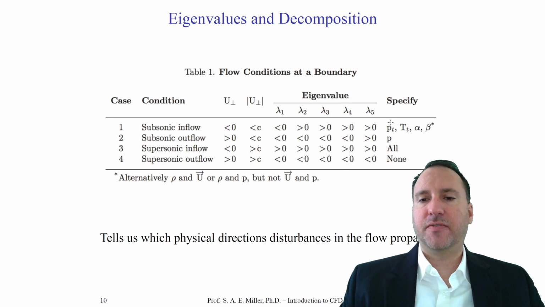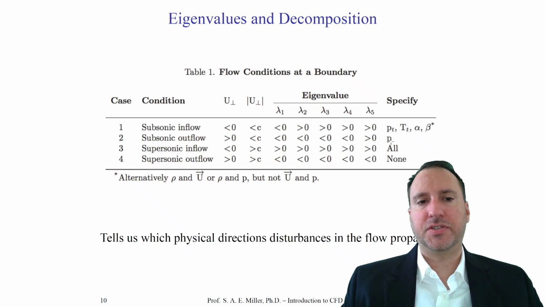Here we might specify the total pressure, total temperature, and their particular angles. That is, we're setting the velocities. And you would, of course, have to specify some other information. At subsonic outflow, you only have to specify 1 variable, and that would be the static pressure. That's the famous subsonic outflow static pressure condition, which is available in almost all CFD solvers.